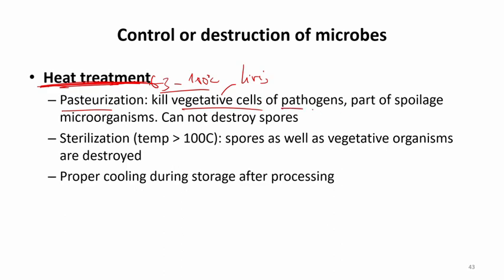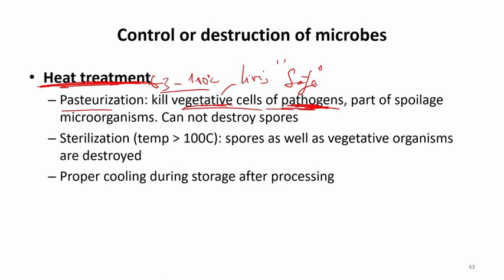We focus first on the pathogens. The main target first is the pathogens, but not spores, and the vegetative cells of the pathogens, to make the product safe first. Safe for human consumption means no food poisoning.